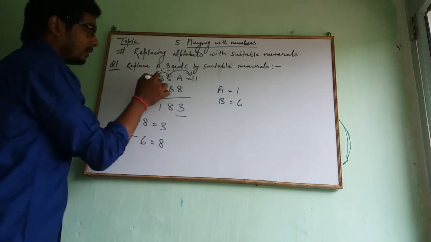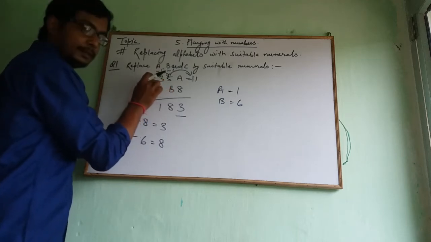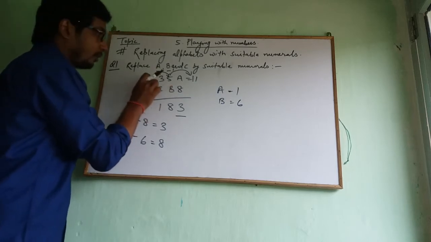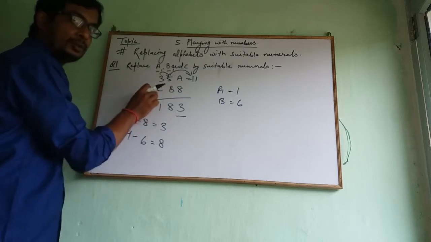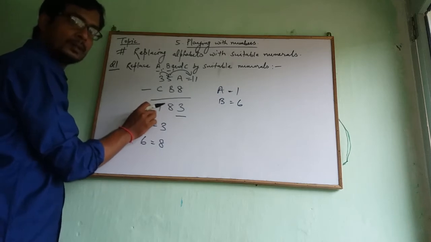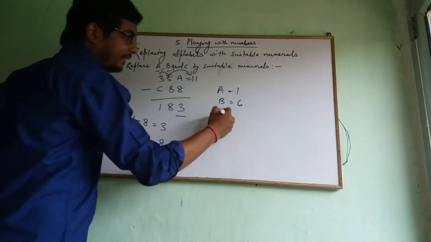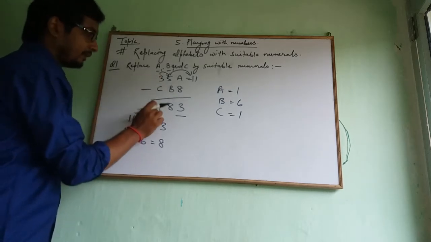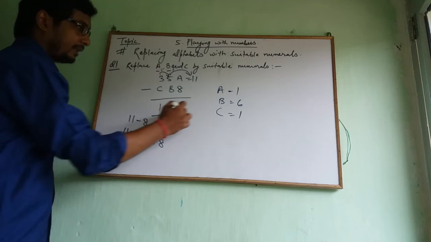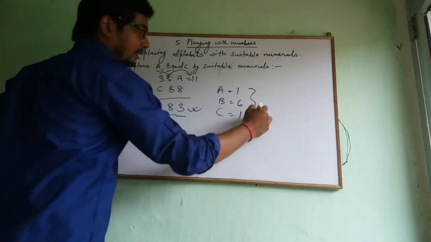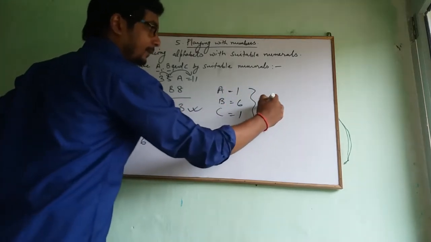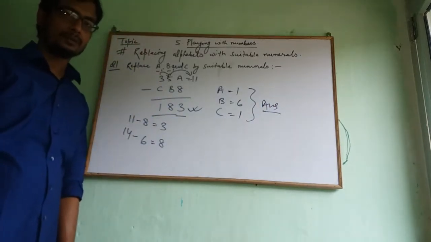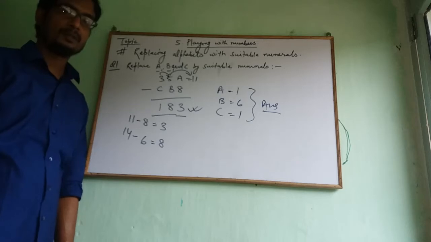Now I have taken 1 from here, that is 3. From 3 I have taken 1, so it becomes 2. Now what must be subtracted from 2 to become 1? This is clear that if I take the value of C equal to 1, then when 1 is subtracted from 2, the value becomes 1. So I got the answer. The answer is A is 1, B is 6 and C is 1. I thought that you have understood. Now let's move on to the next question.